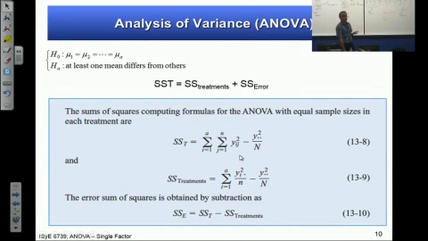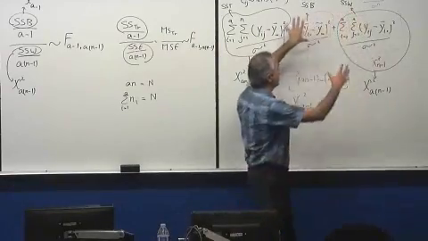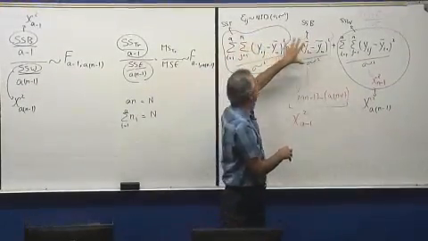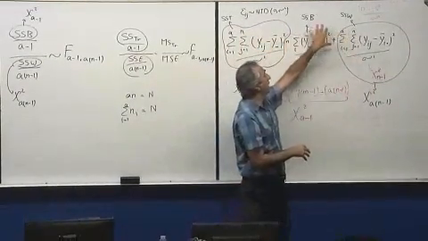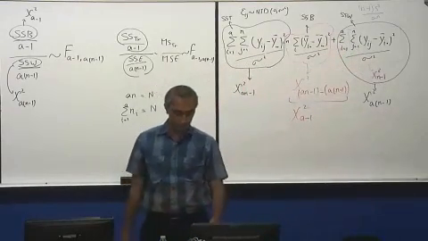That's going to be your SS total. That's SS treatment. How about SS error? We know that the summation of SS treatment, which is SSP, and SS error, which is SSW, is the sum of squares total. So if I know this and this, I can subtract and get this guy. That's easy.